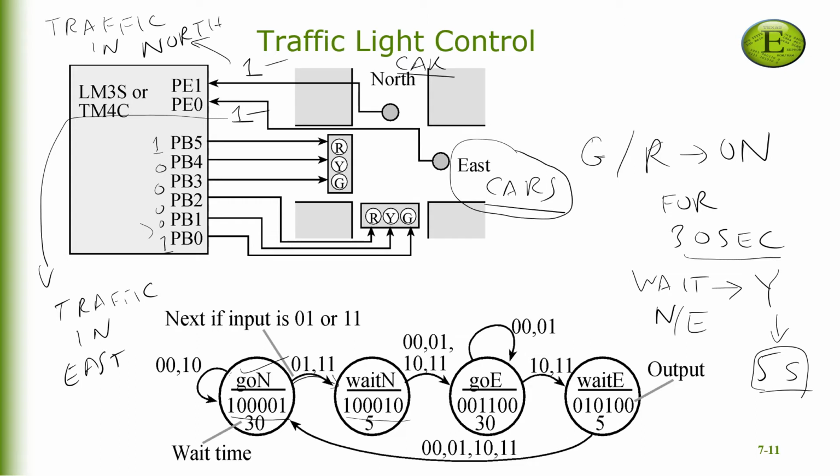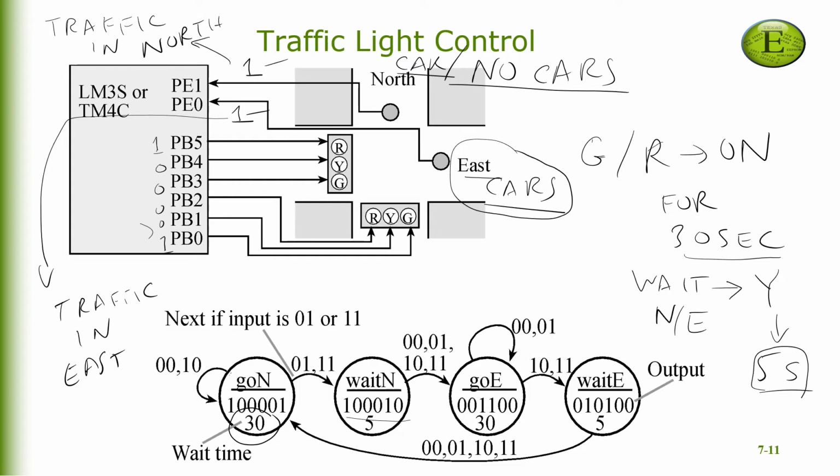So from go north, spend 30 seconds, and then whenever we have some cars on the east, regardless of whether we have cars or no cars on the north, we are going to make a transition. We are going to change the traffic signal.